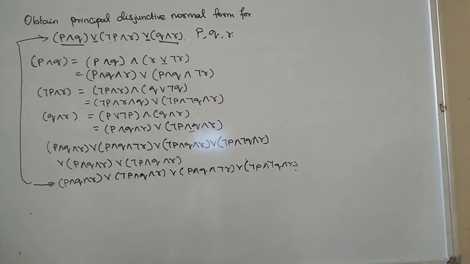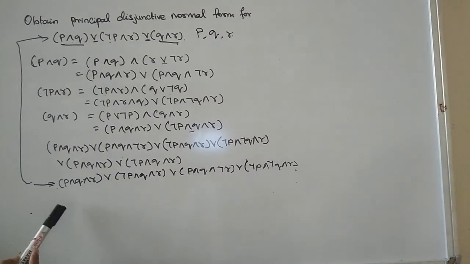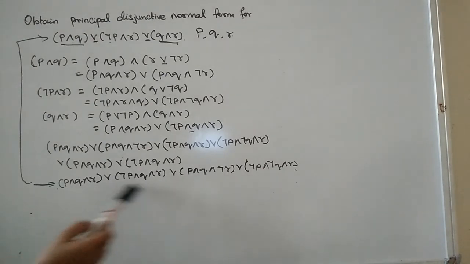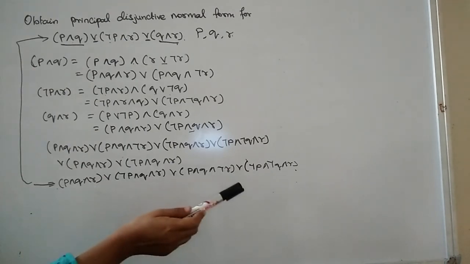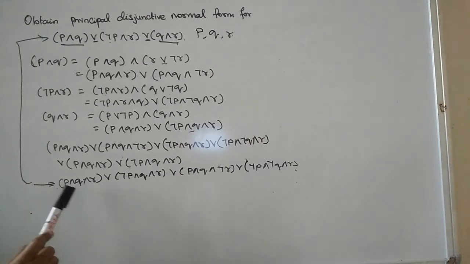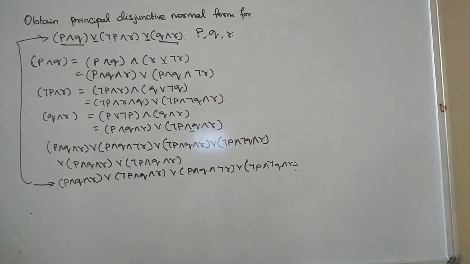Such a normal form is also called the sum of products canonical form. This equivalent formula is in terms of min terms, consisting of the disjunction of the min terms, and it consists of the sum of the products. That's why you can conclude this is the principal disjunctive normal form for this formula.